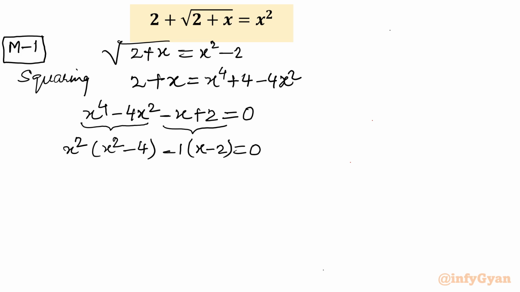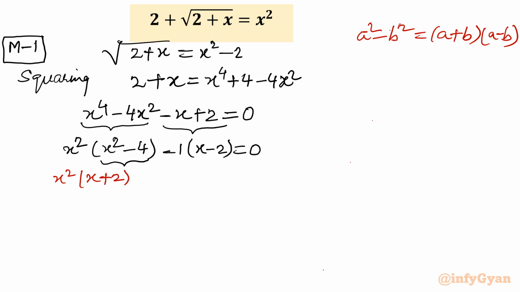Again I will use the difference of squares formula: a squared minus b squared can be written as (a plus b) times (a minus b). So I will write here x squared (x plus 2)(x minus 2) minus 1 (x minus 2) equal to 0.